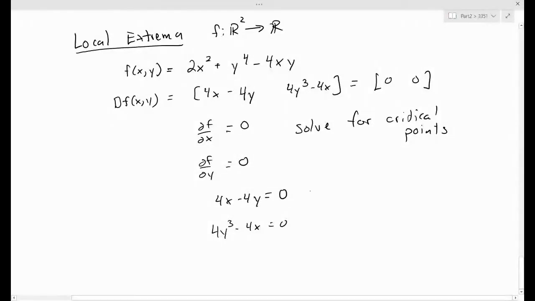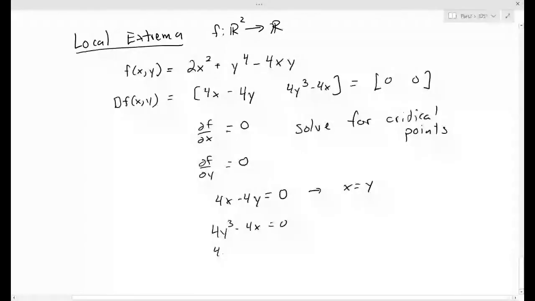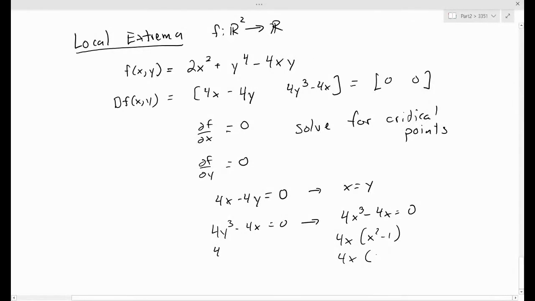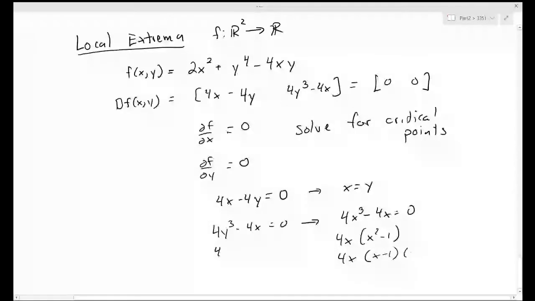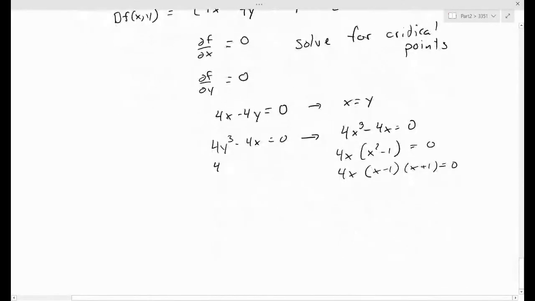So the first equation tells us that x and y are equal. So then we go to the second equation and use the fact that x and y must be equal. We factor here, and then we find three values of x.